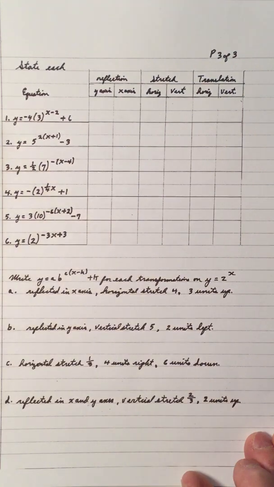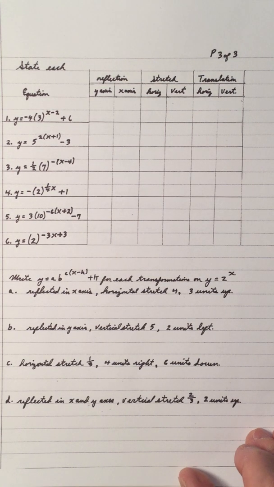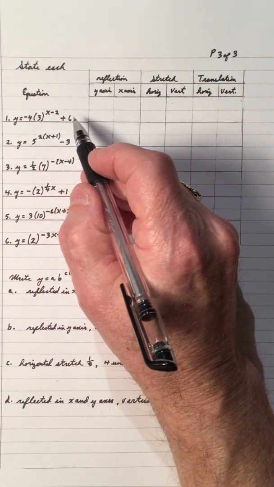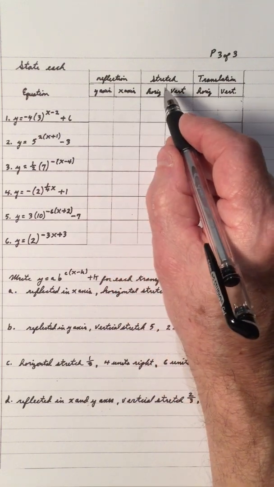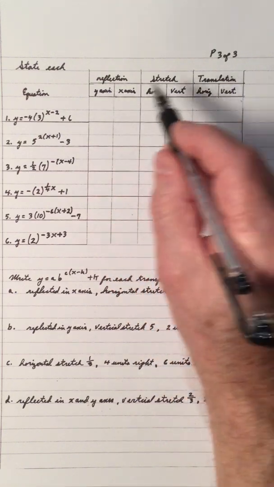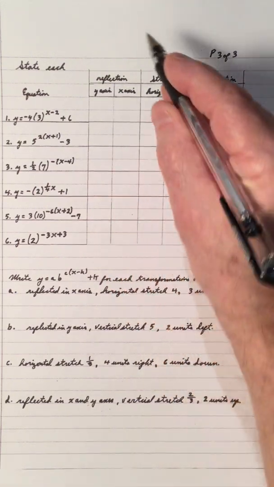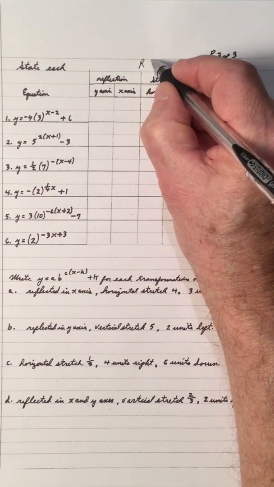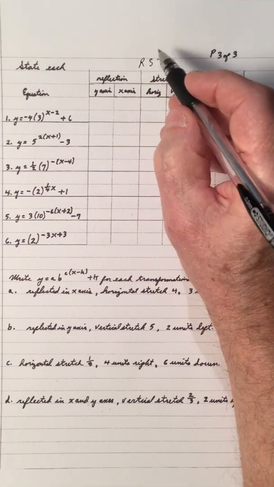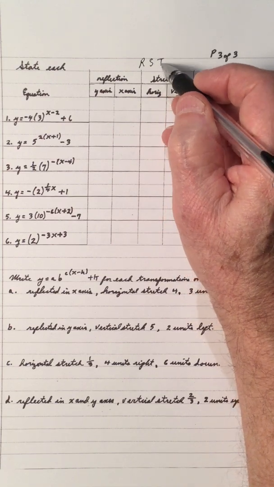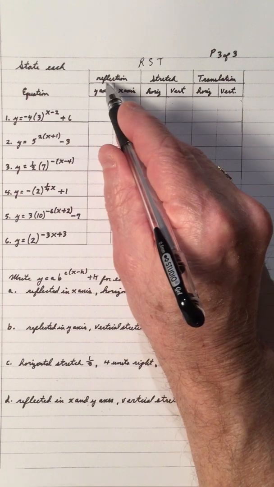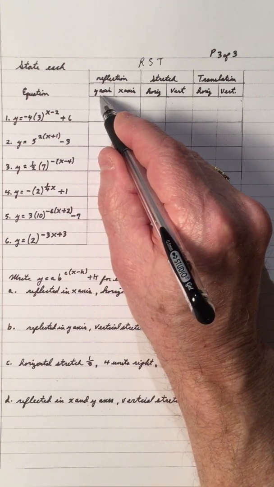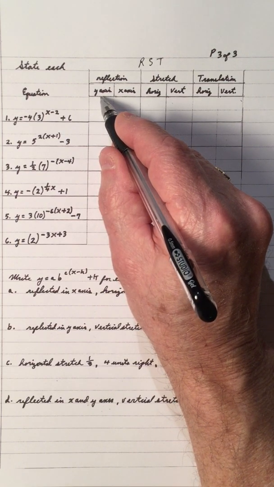Okay, so let's look at the transformations of an equation now. I have an equation here, so I want to help you line up the stretches, the fractions. Notice I have R, S, T, like in the alphabet: reflect, stretch, and translate. When we do a reflection in the y-axis, that's when c is negative.